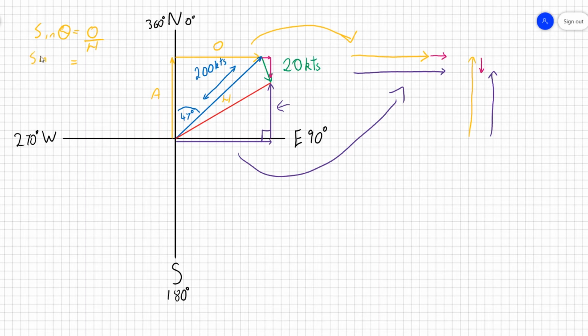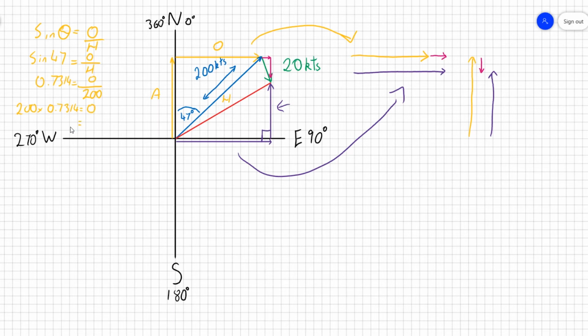So sine 47 equals my opposite over my hypotenuse. Sine 47, if I go to my trig table, is 0.7314 divided by 200 being the length of my hypotenuse there. So transpose that across to the other side, and I'll have 200 times 0.7314 equals opposite.